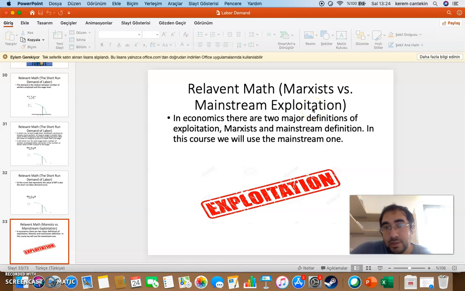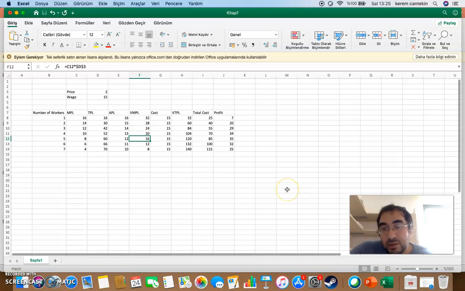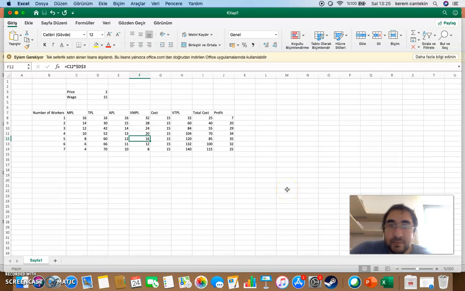But I'm not talking about the most famous version of exploitation, which is Marxist exploitation, but I will talk about the mainstream exploitation, which is neoclassically defined. Actually, it was defined by Pigou. You can call him Keynesian, but this is the mainstream way exploitation is understood. It's not that used in the core economic studies, but mainstream, neoclassical economics also has its own definition of exploitation. This is what I will introduce to you.